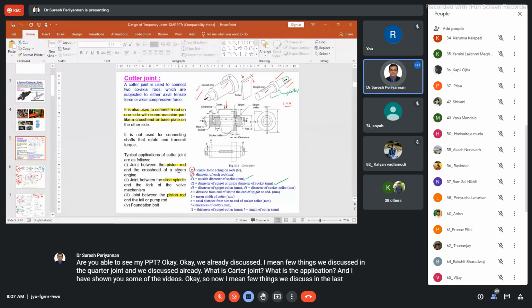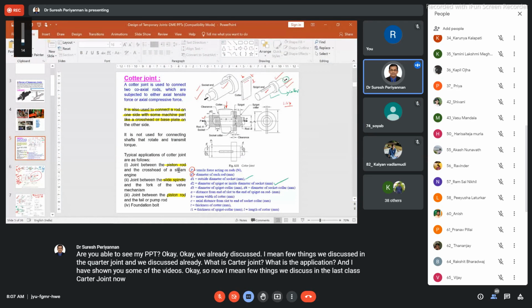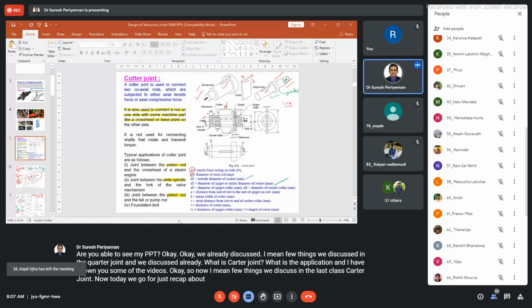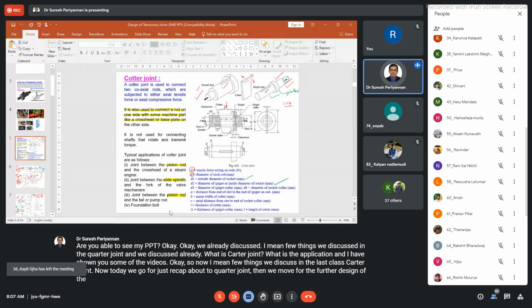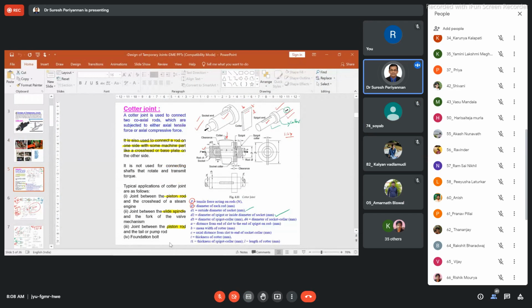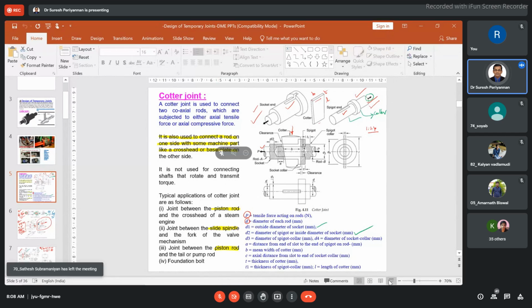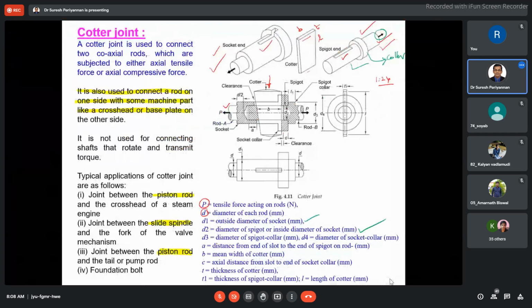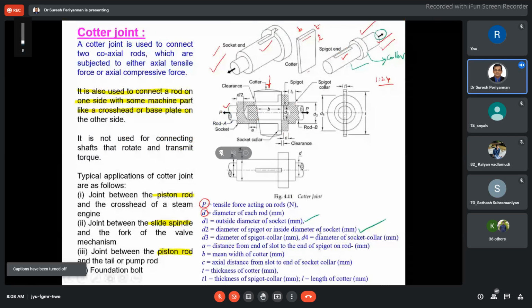Today we will recap the cotter joint, then move on to the further design of the cotter joint, because we discussed it two weeks back and some students may have forgotten.